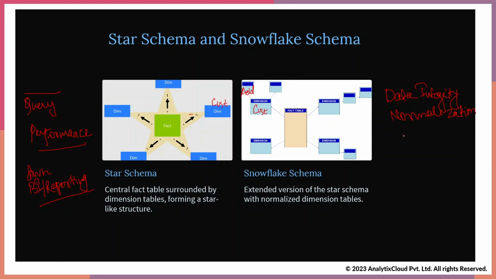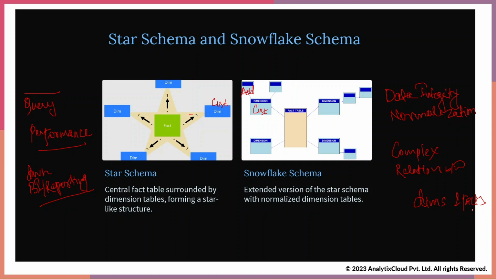And then we have a complex relation between dimensions and facts. So that's the difference between star schema and snowflake schema.